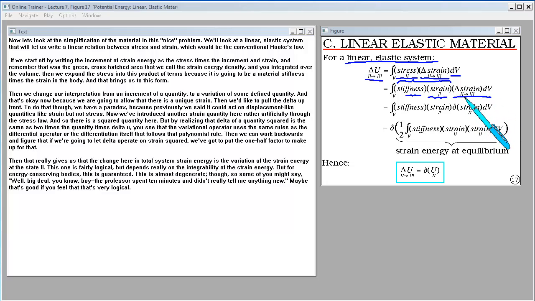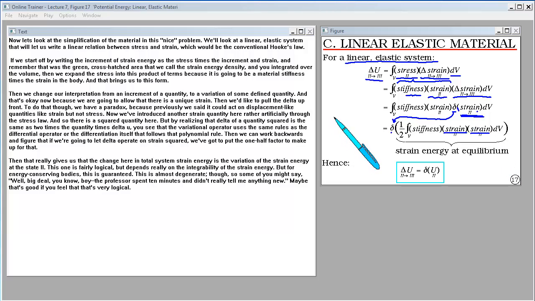Then we change our interpretation from an increment of a quantity to a variation of some defined quantity. And that's okay now because we are going to allow that there is a unique strain. Then we'd like to pull the delta out front. To do that, though, we have a paradox because previously we said it could act on displacement-like quantities like strain but not stress. Now we've introduced another strain quantity here rather artificially through the stress law, and so there is a squared quantity here.